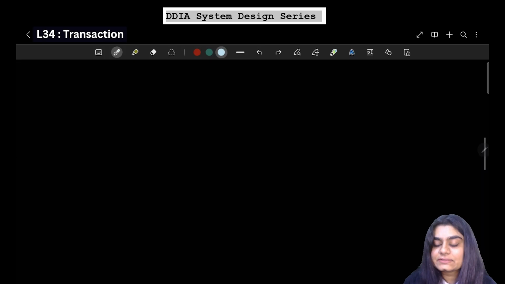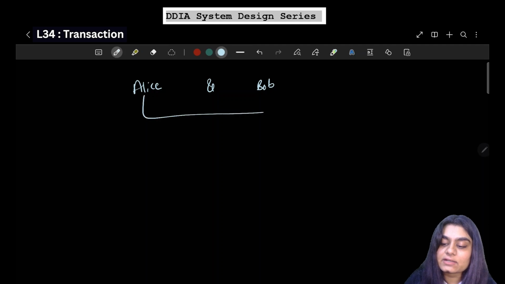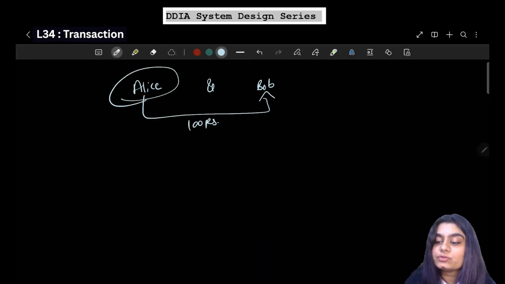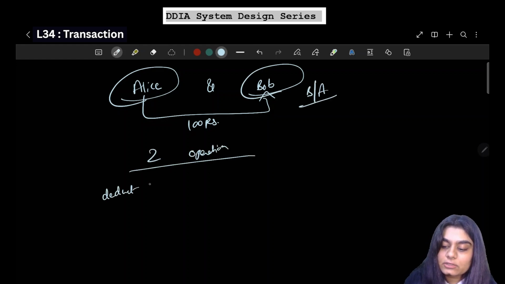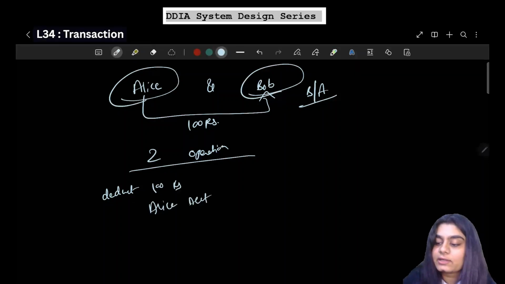For example, consider that there are two persons, Alice and Bob, and Alice is transferring 100 rupees from Alice's bank account to Bob's bank account. This involves two operations, that is, deduct 100 rupees from Alice's account and add 100 rupees to Bob's account.